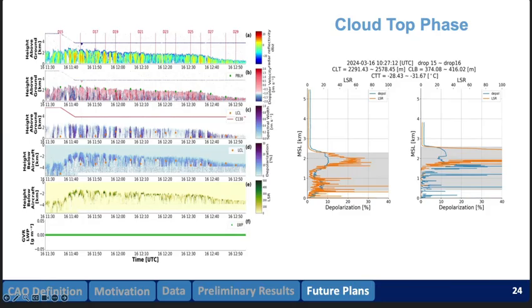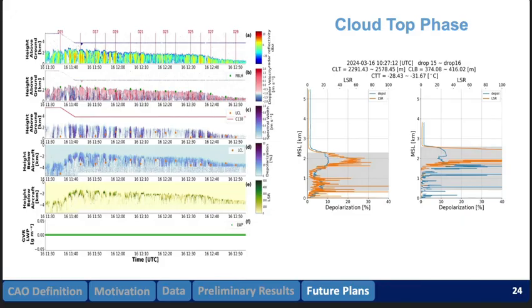But for the case on the right, we have a relatively low depolarization but a relatively large LSR, which means supercooled liquid water, where the cloud top temperature is very low, below -28 degrees Celsius. So that's the general plan for the future research.